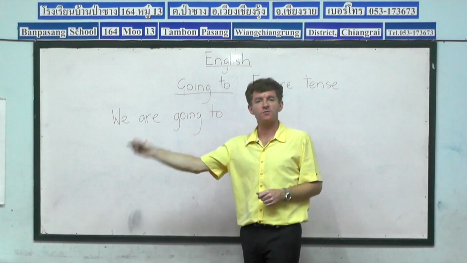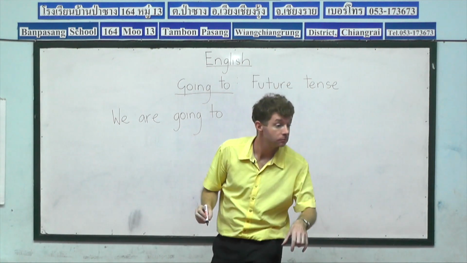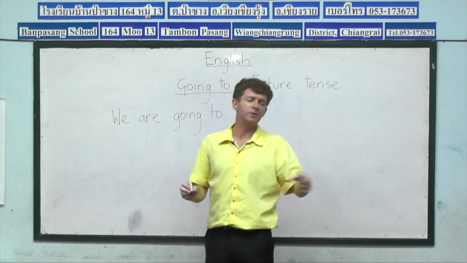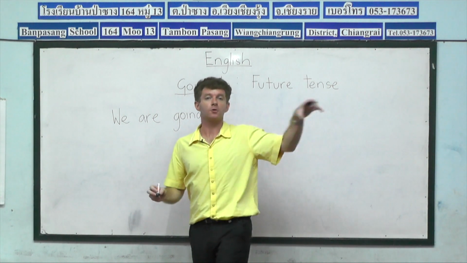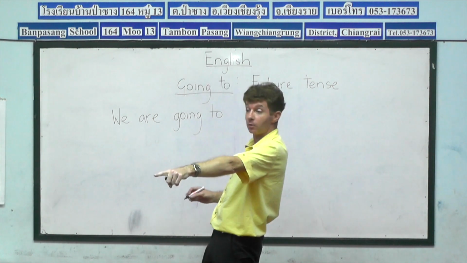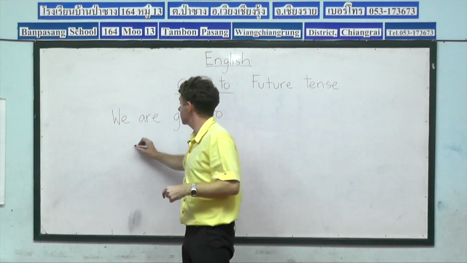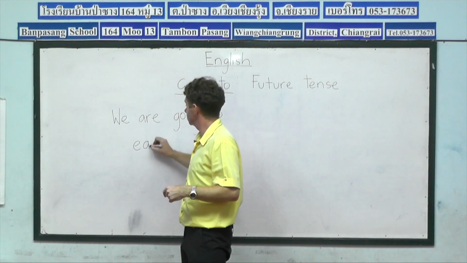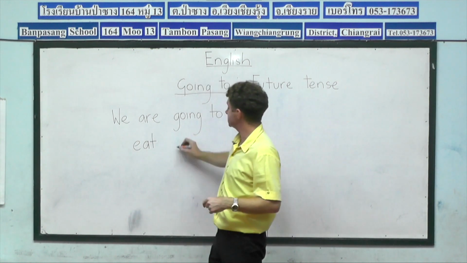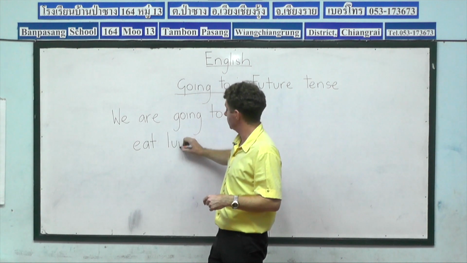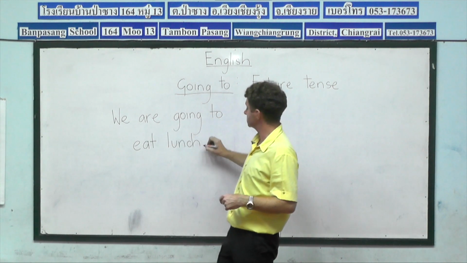What are we going to do? We are going to verb. No, hospital, we need a verb and a complement, not the place. We are going to eat lunch. E-A-T L-U-N-C-H.